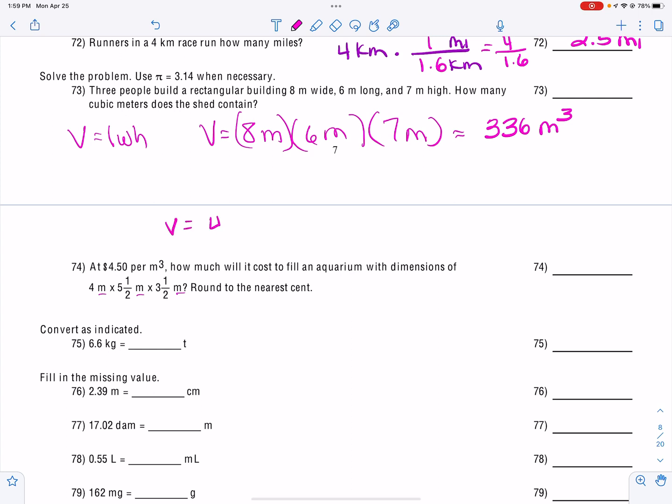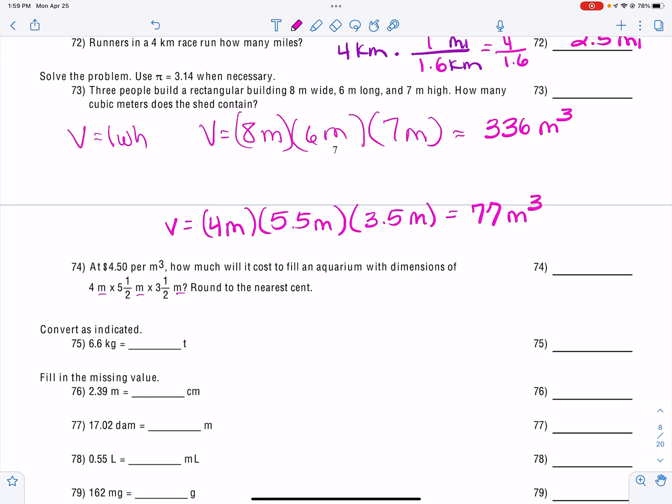And so 4 meters times 5.5 meters, times 3.5 meters. And that gives me 4 times 5.5 times 3.5 gives me 77 meters cubed.